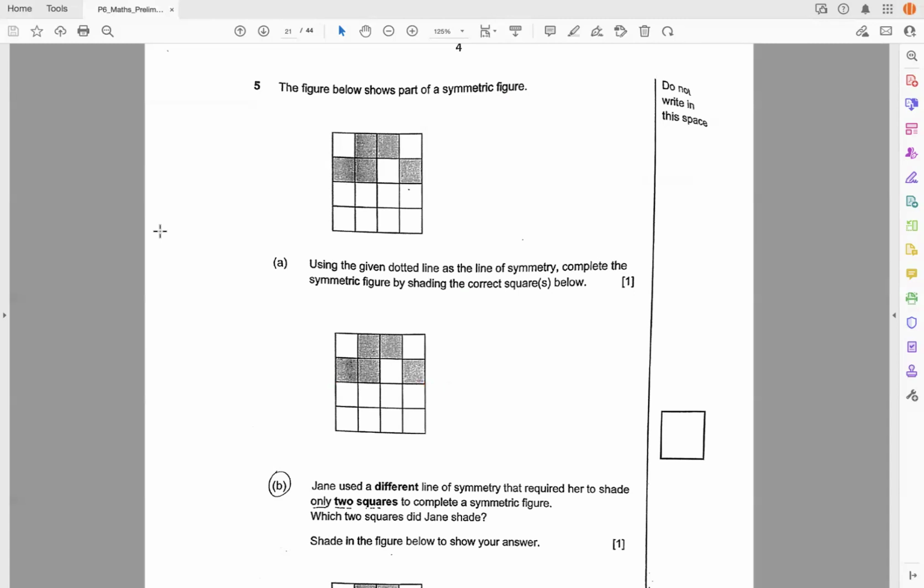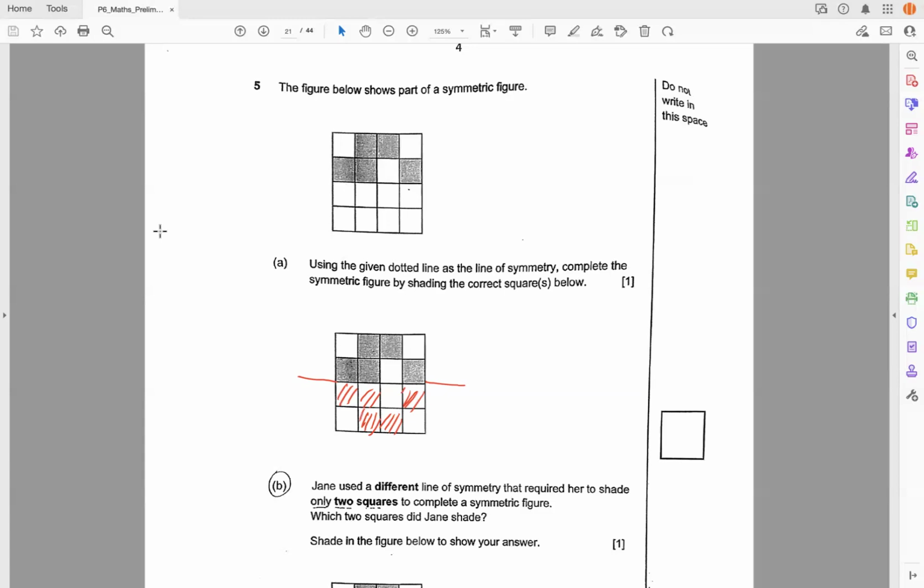What is happening? Oh, it disappeared. Okay. So it is a dotted line. So the shading will be like this. I don't know how else to explain to you. Okay. I don't think I brought a mirror to class.